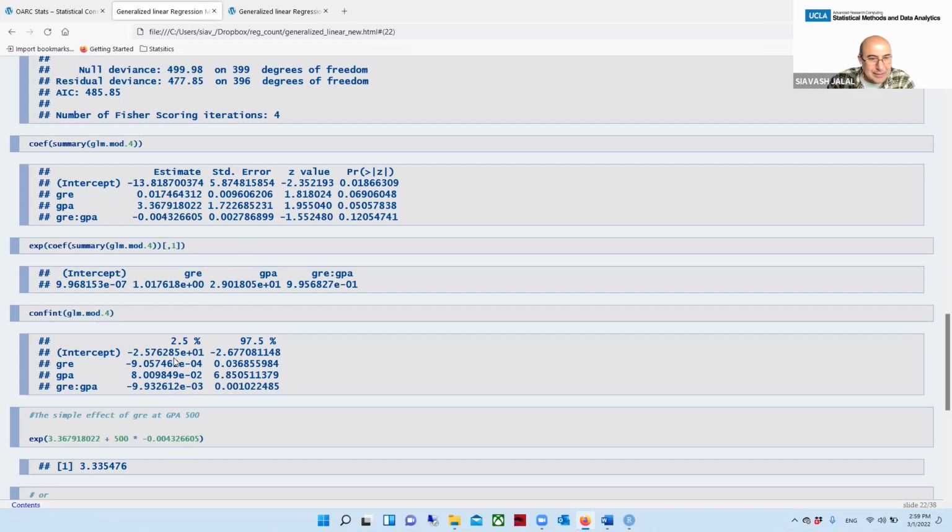This gives you the confidence interval for the logit metric, so there is no transformation. If you want to transform it, you have to exponentiate both sides.